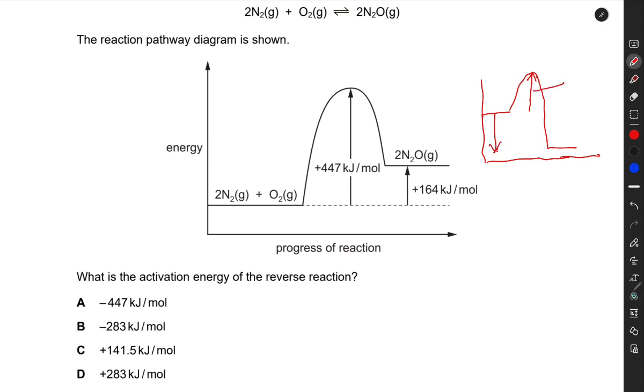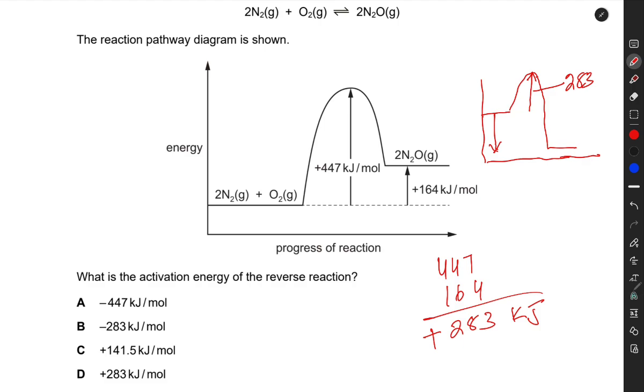This is the activation energy, and over here 447. So in the reverse reaction we do 447 minus 164, which is equal to 283 kilojoule per mole. The reverse reaction is exothermic, and in exothermic reactions minimum energy is required.